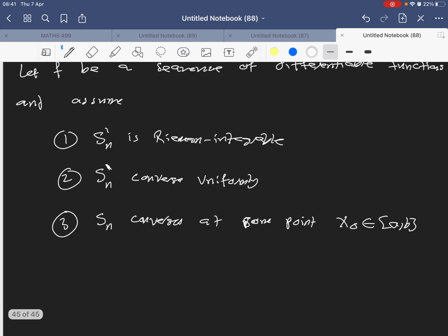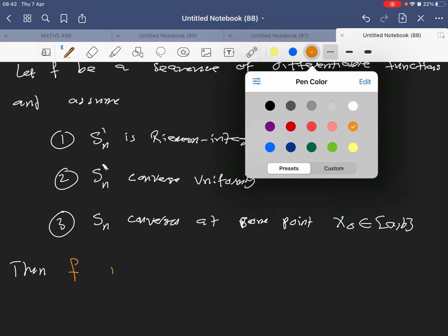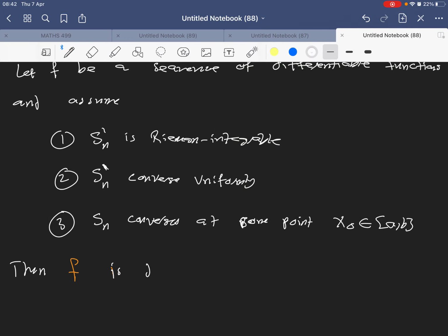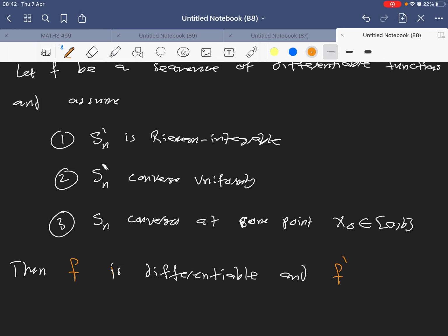If we have those three conditions, then we can conclude that f itself is differentiable and f dash will be just the sum of Fn dash. The proof and everything will follow as before, so we don't need to go through it that much.